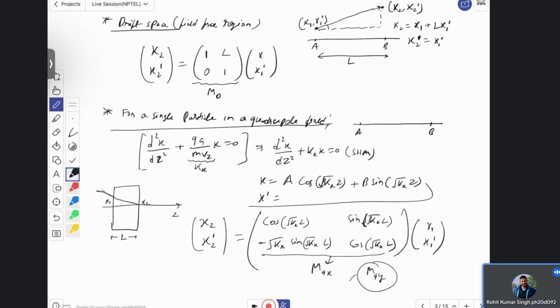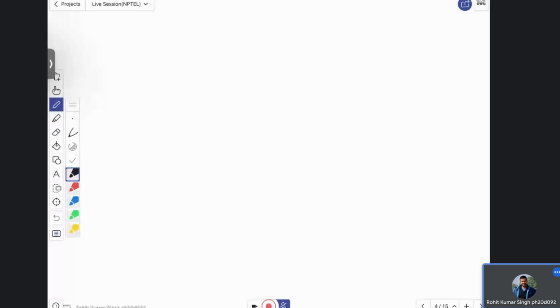And yeah, then because this quadrupole is focusing the beam, we can define a kind of focal length. Okay, so what is focal length here?